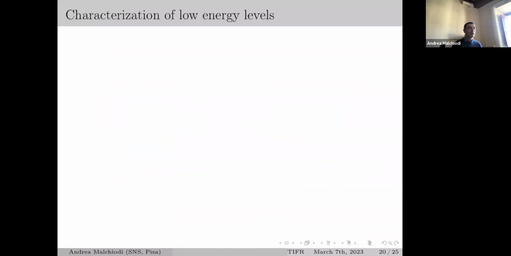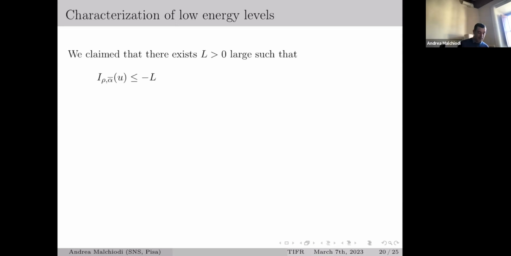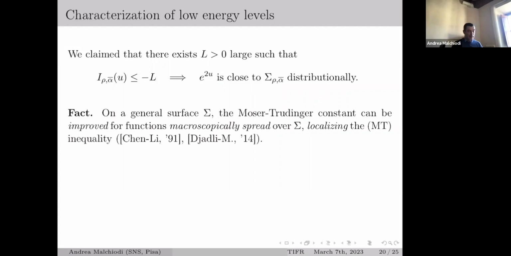Okay, so how can you characterize low energy levels as I claimed before? Why does this concentration happen? The claim, or the argument, was the following. Suppose that you have very low energy, and therefore the volume is close to one of these measure distributions.